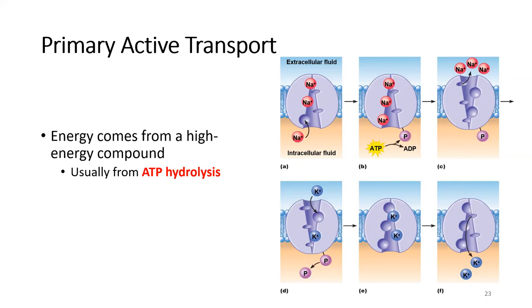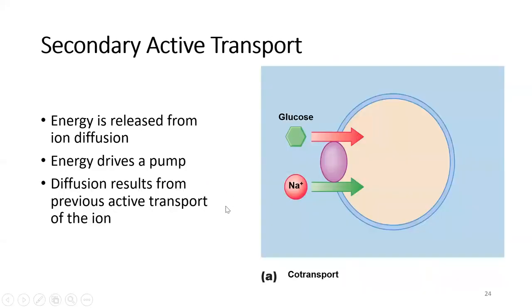So this ATP pump can move sodium and potassium in opposite directions against their concentration gradients by simply hydrolyzing ATP to move sodium in one direction and hydrolyzing ATP to move potassium in the opposite direction. So that's primary active transport. We use the energy from hydrolyzing ATP to move those ions against their concentration gradient.